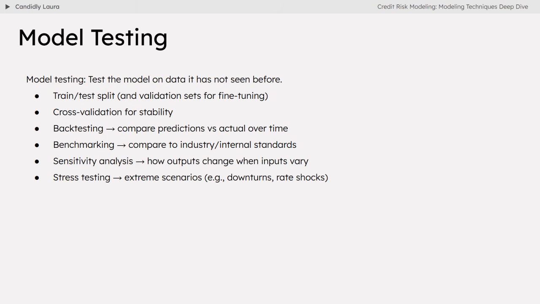Sensitivity analysis, which is seeing how much the model outputs change relative to tweaks to the model inputs, and seeing if that change makes sense. Stress testing, which is inputting extreme values of the inputs to see if the outputs still make sense, and in credit risk, it's common to use severe economic downturns or interest rate shocks.